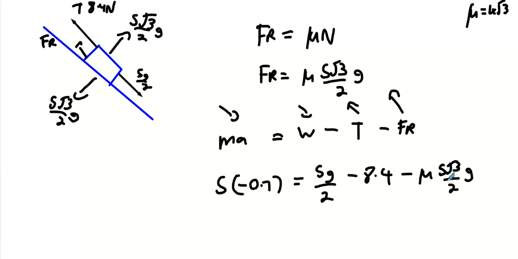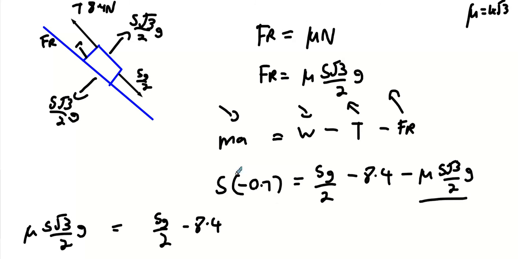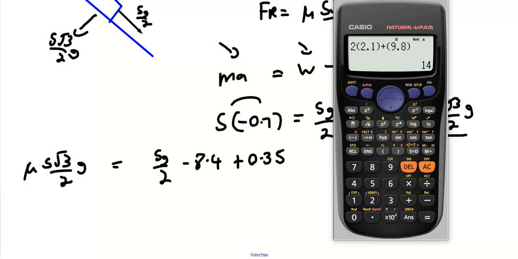Whoa, that's a head full. So I'm going to move all this to the left. So we're going to get mu times 5 root 3 over 2g equals 5g over 2, take away 8.4, and then 5 times 0.7 is minus 0.35. When you change it to the other side, it's plus 0.35. Going to throw all that into the calculator.